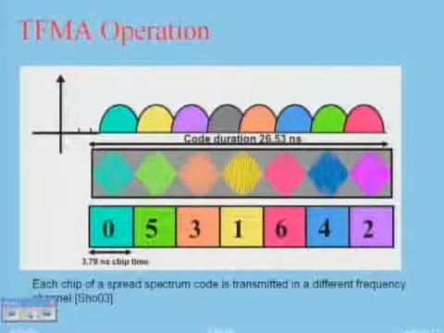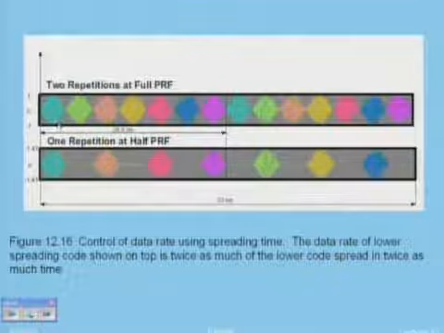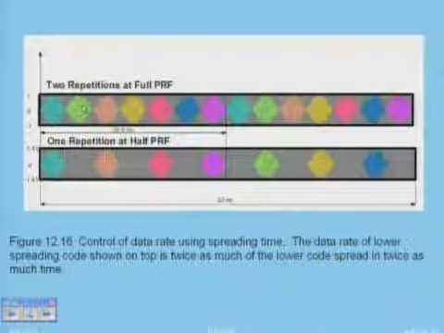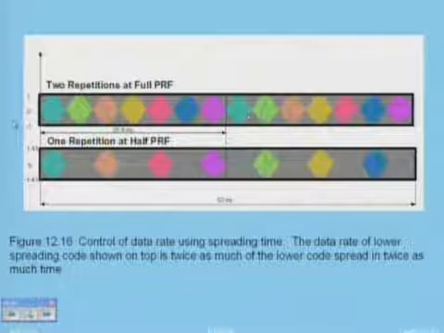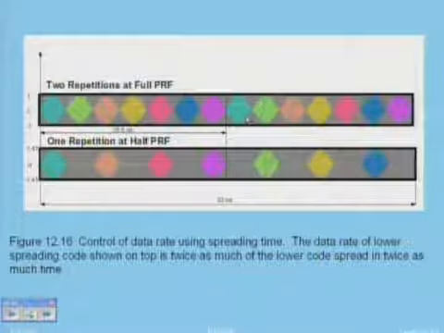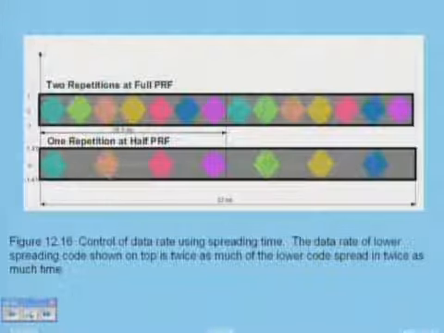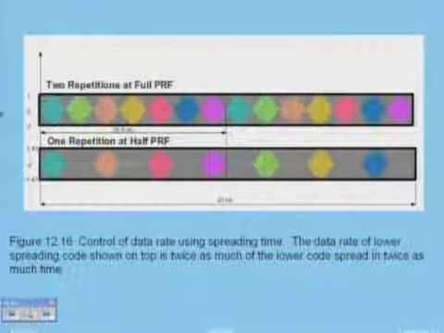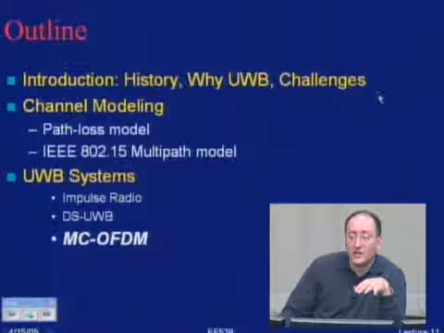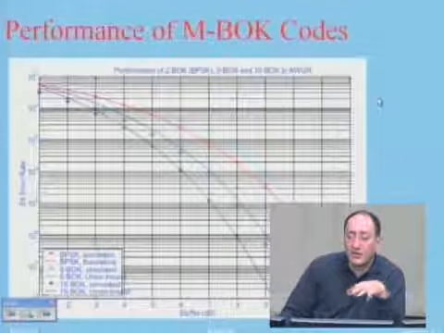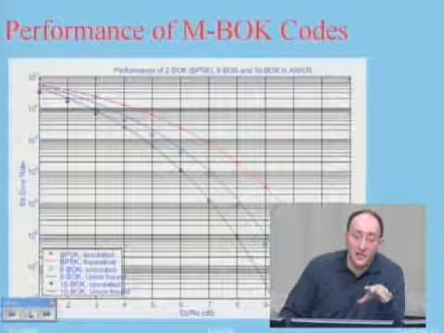Now, they come to things like this. They send a pulse, and then send the next pulse, next pulse, next pulse, next pulse, next pulse, when they are hopping. Here I have a very high data rate. Okay? Now, if I want to reduce my data rate, I send a pulse, I wait, I send the next one. The data rate in here is half of the data rate in there. So there are details of that nature, which are the main details of the standardization.